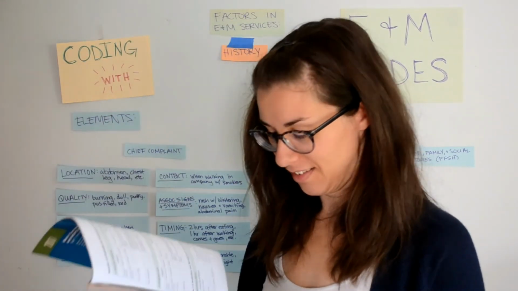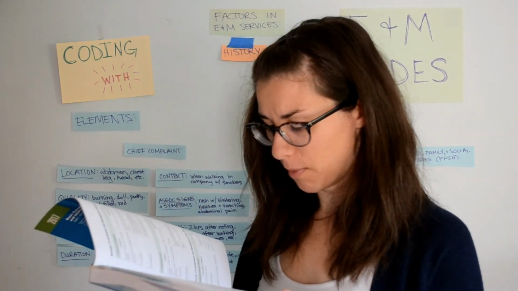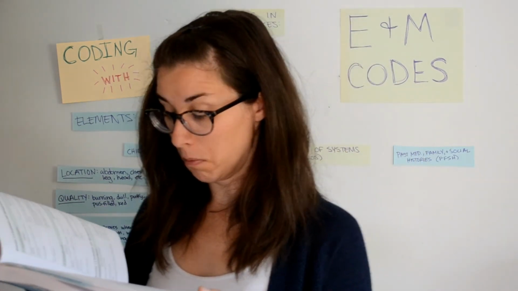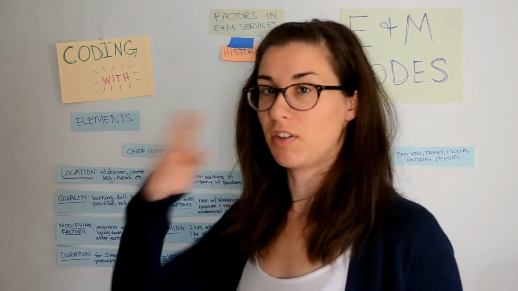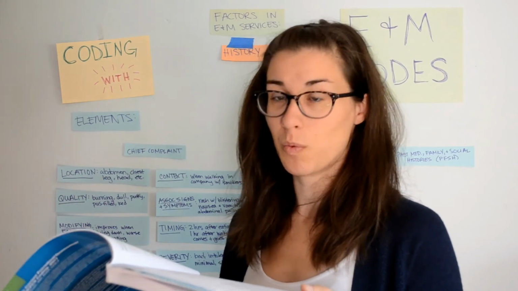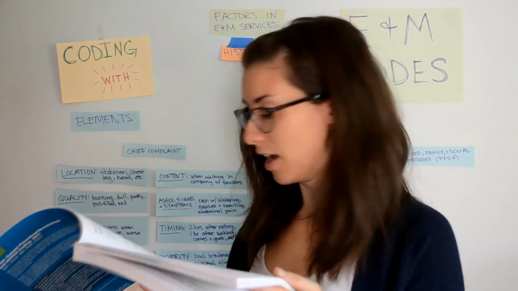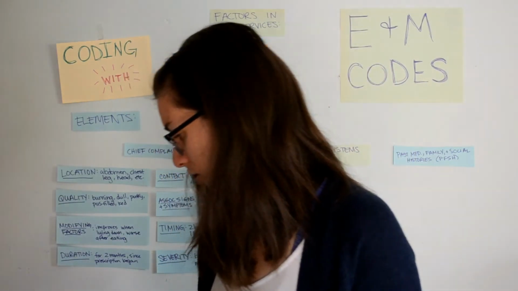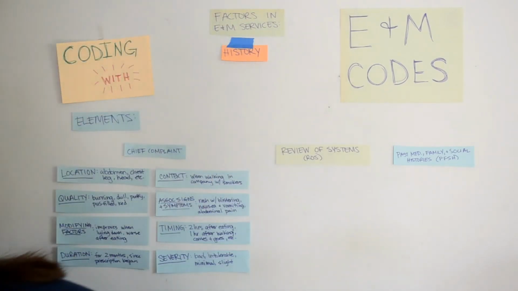Yay. The history is determined to be the lowest level from all 3 categories. Okay, so you pick the lowest if they're kind of all over the place. You pick the lowest level of each one, I guess. Therefore, the history level would be expanded problem focused. Yeah, this is confusing.